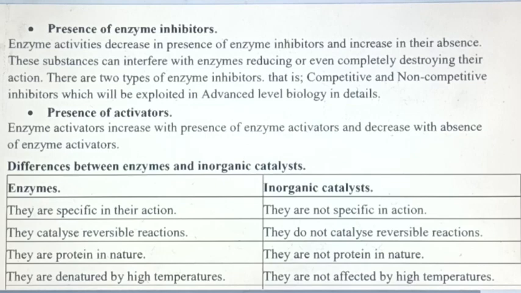Now look, hemoglobin transports oxygen as oxyhemoglobin. When it reaches the respiring cells, it releases the oxygen and it comes back to pick another oxygen. But if carbon monoxide combines with hemoglobin, it forms a permanent compound known as carboxyhemoglobin.